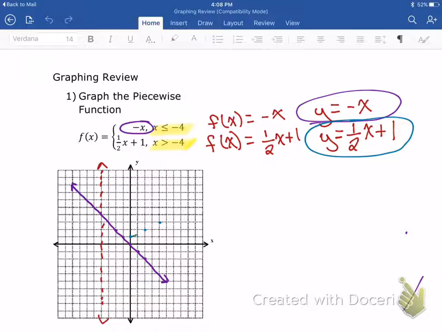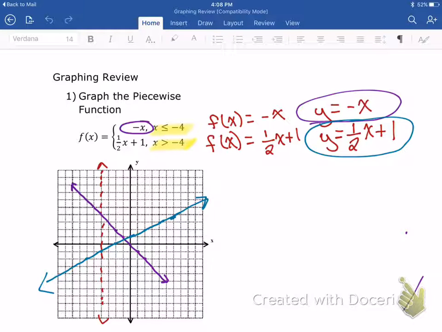We can also go down 1, which is -1, and to the left, -2. So that is a -1 over a -2, which makes that positive. And again, what I have done is I have graphed this on the entire graph.